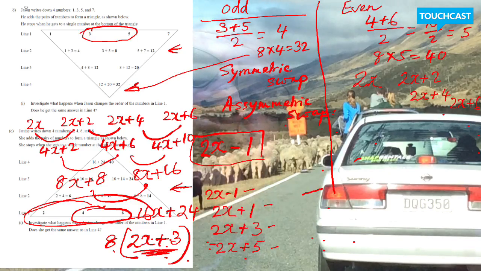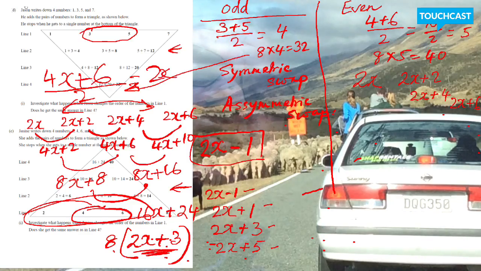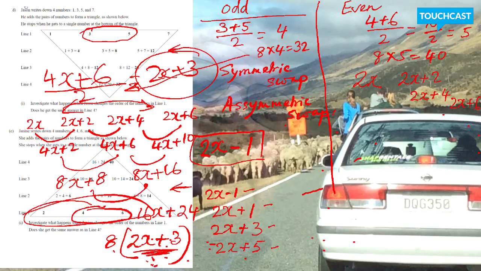These two were the middle numbers, so I want to find out the median of this, which is 4x plus 6, and if I divide it by 2, that gives me 2x plus 3. Look at this. So if I multiply the median of this series of numbers by 8, that gives you the final summation of the numbers.